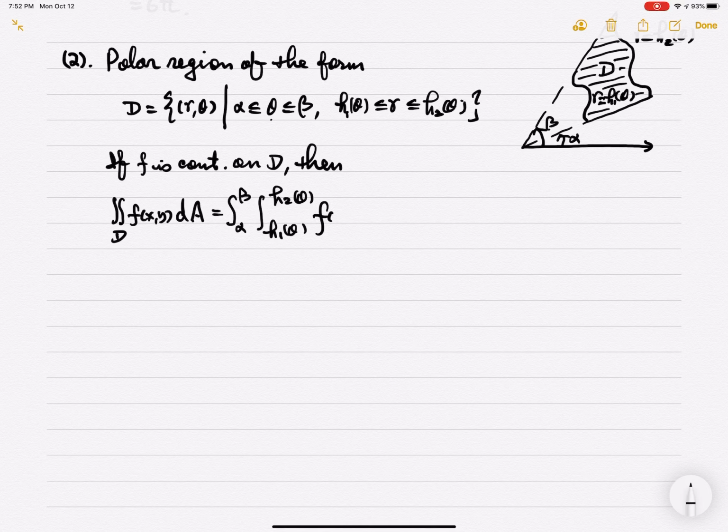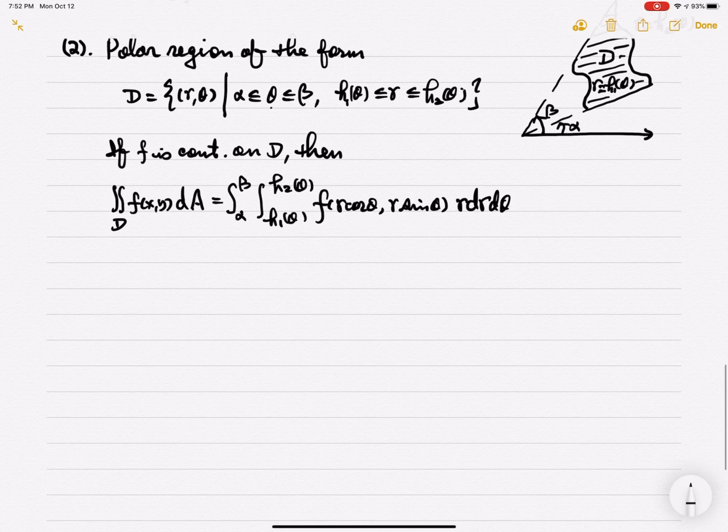We replace x by r cosine theta and y by r sine theta. Always remember there's an r dr d theta, because that is the dA, the area element. So we have this formula.